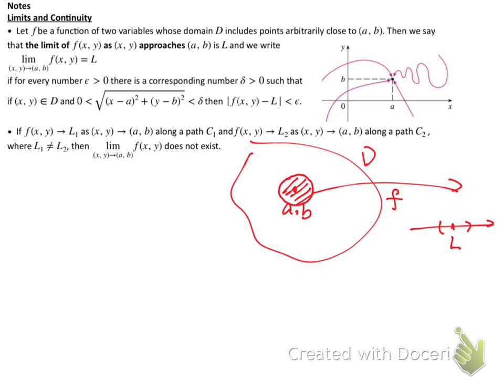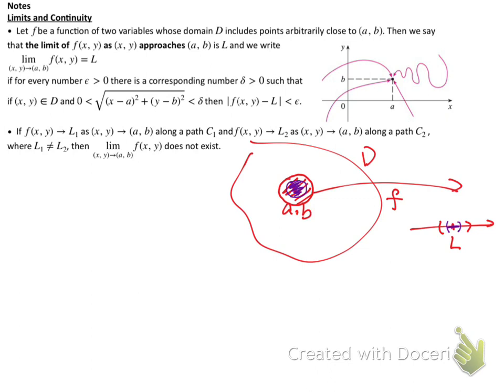No matter how small you want your interval around L to be, say I don't want that much, I only want this much around L, you go back, look at the ball around (a, b), and you can find a smaller ball that makes it happen. So the whole ball centered at (a, b) is mapped into this small interval around L. You come up with a small interval around L, and I can find you a smaller ball. That is the idea.